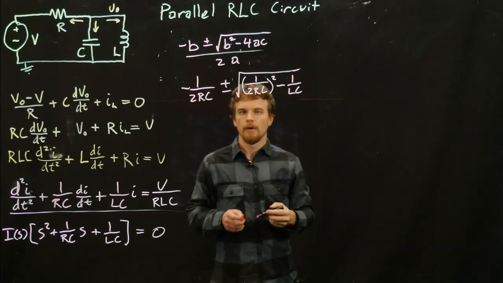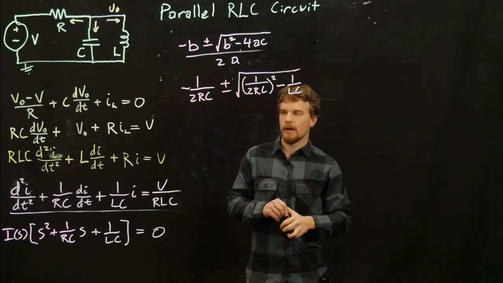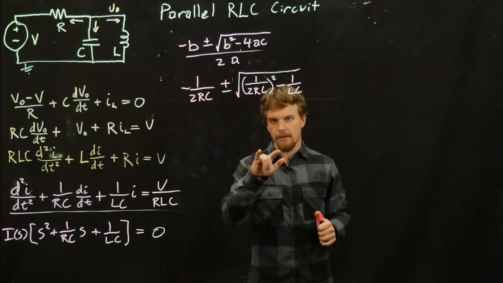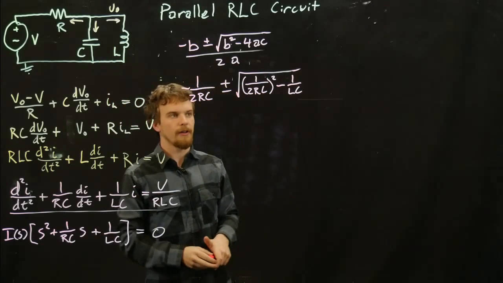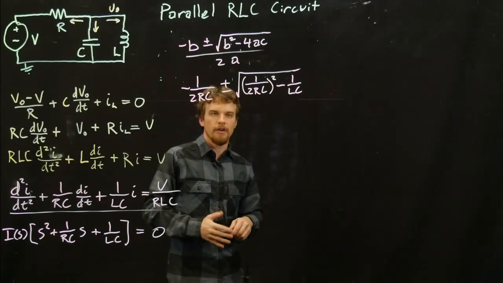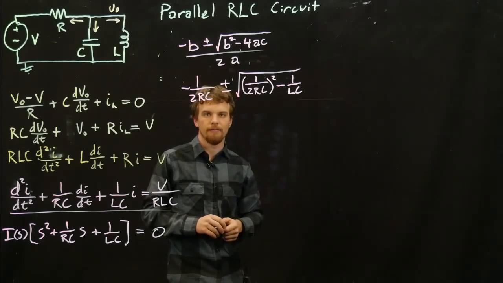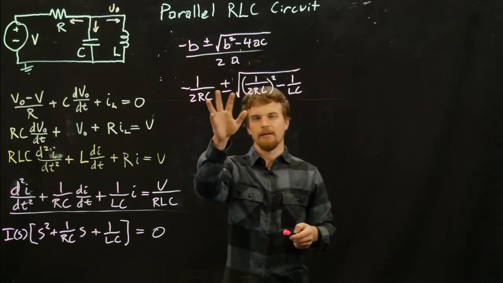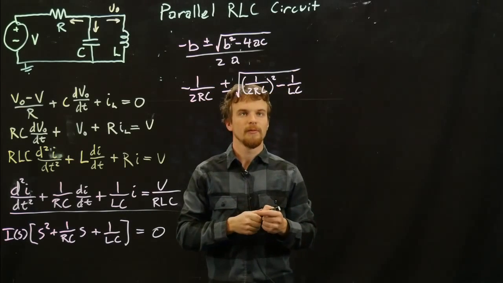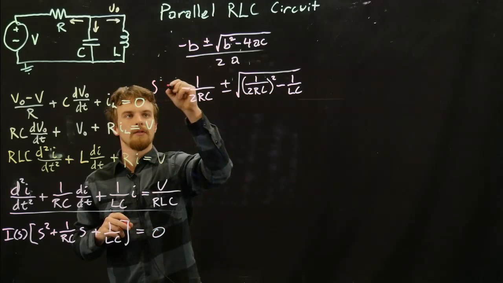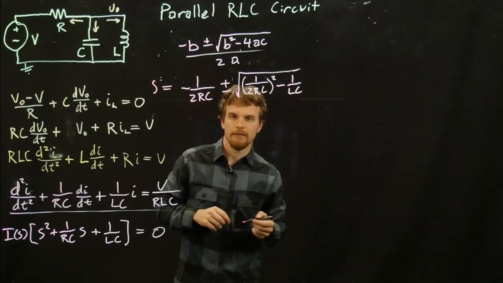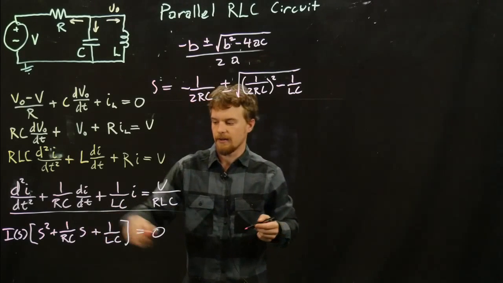All right, so now we have our quadratic formula set up with our symbolic values for R, L, and C. So now, depending on their values, the answer to this will take on a couple different forms. Let's say that's equal to S. Those are the values of S that satisfy this equation.